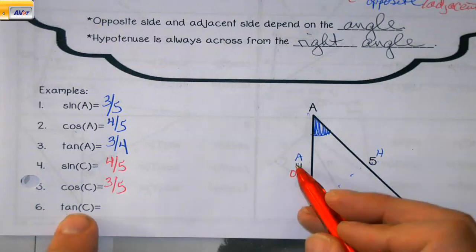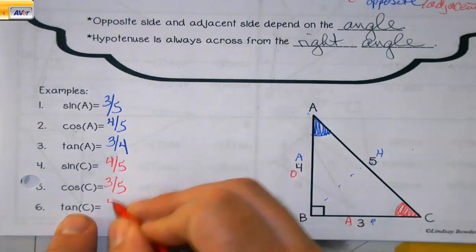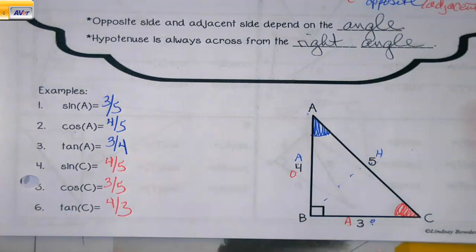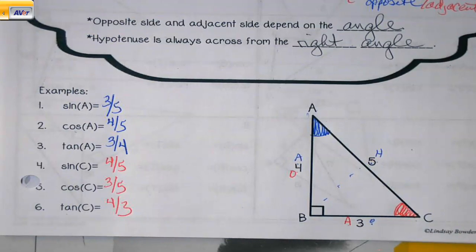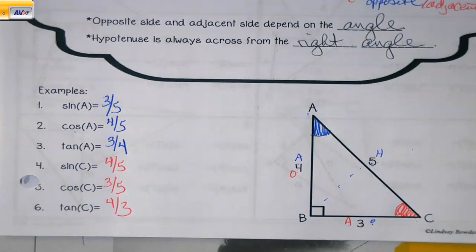Tangent is opposite over adjacent. And that's all there is to finding your basic trig ratios. Nothing too bad. Main thing here, just getting used to what sides am I using and how do I find that adjacent and opposite. But then the challenge becomes actually using it.